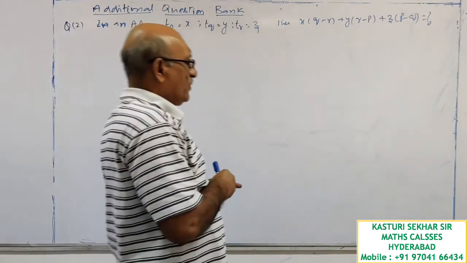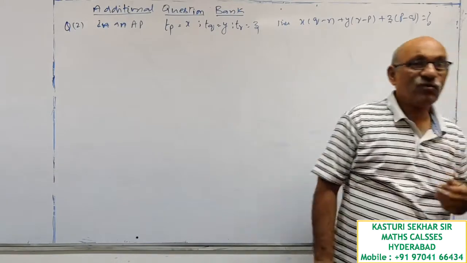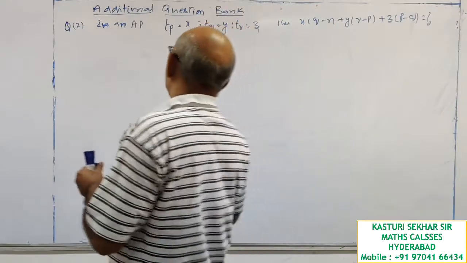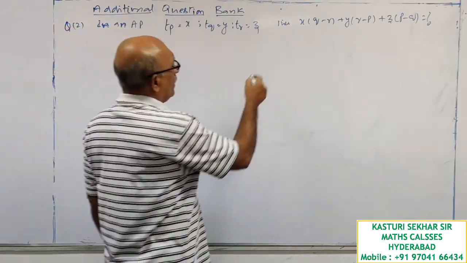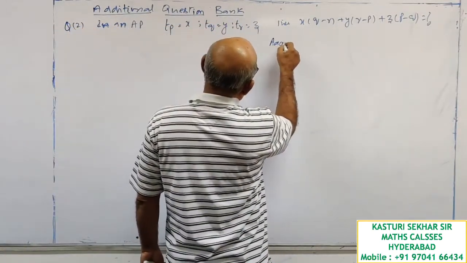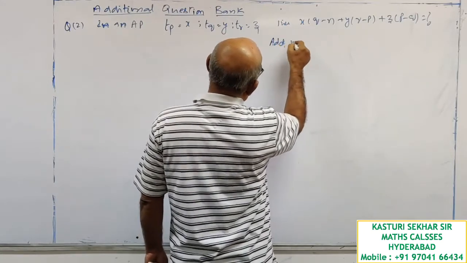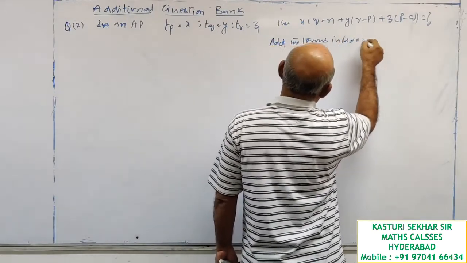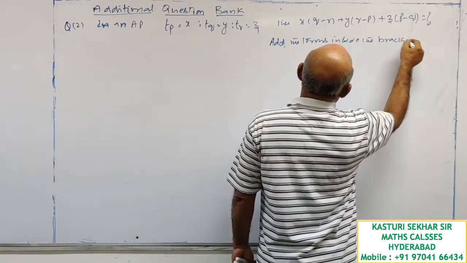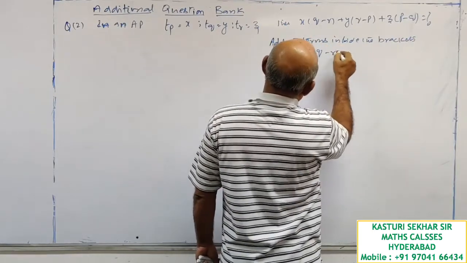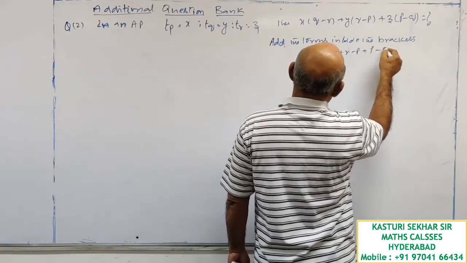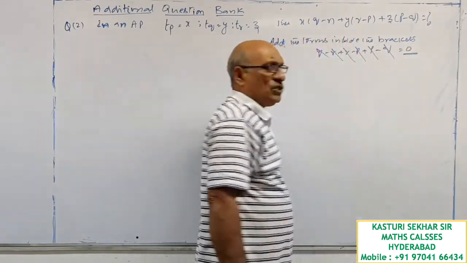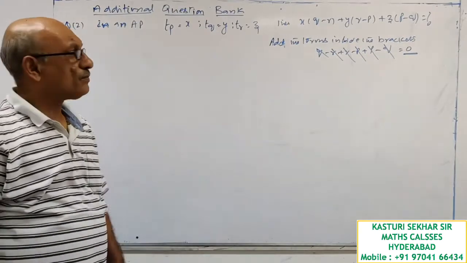Look at this, sir. Add the terms inside the brackets: Q minus R plus R minus P plus P minus Q. Cancel, leaving with 0. So 0 is the answer to the given question.